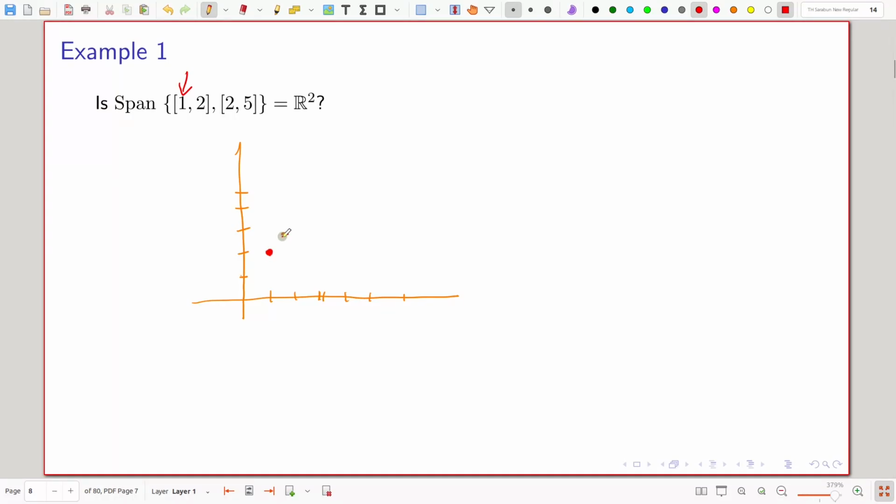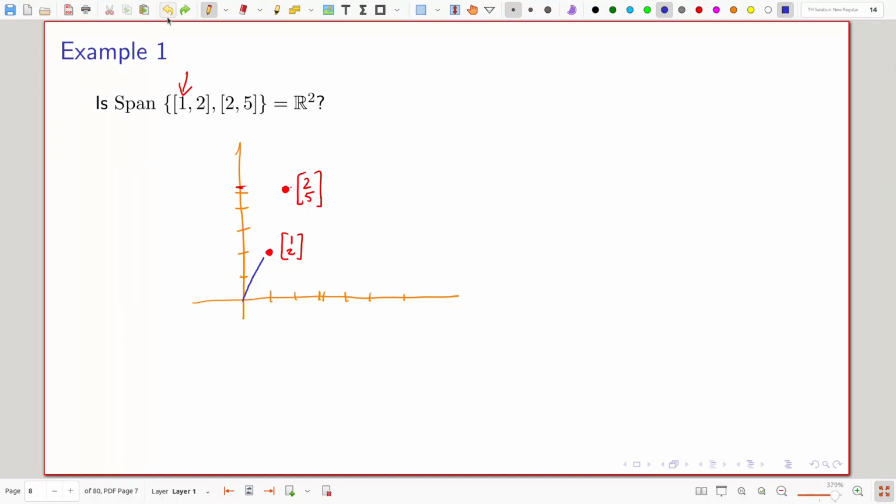So this is 1, 2. And 2, 5. Using our vector as a point, or sometimes it's easier to draw an arrow so that you focus on the direction.